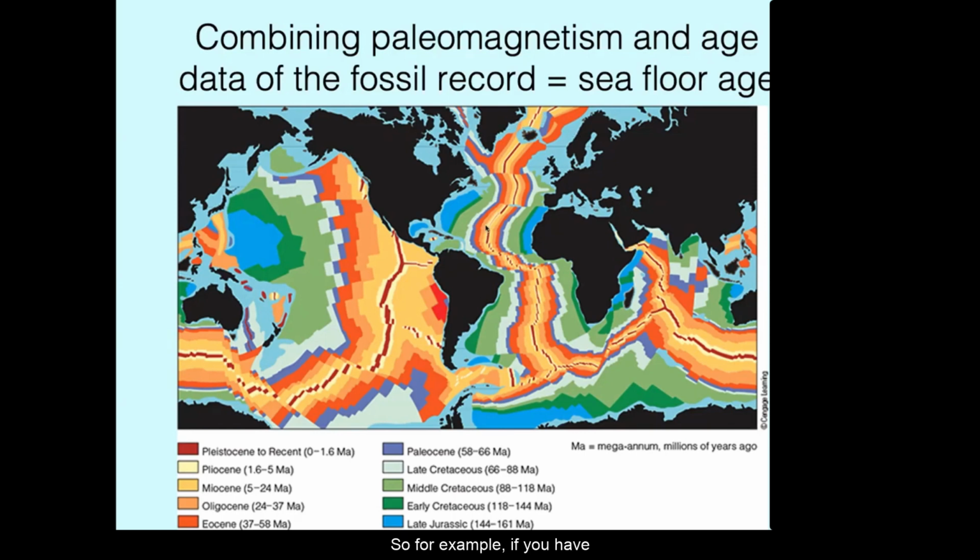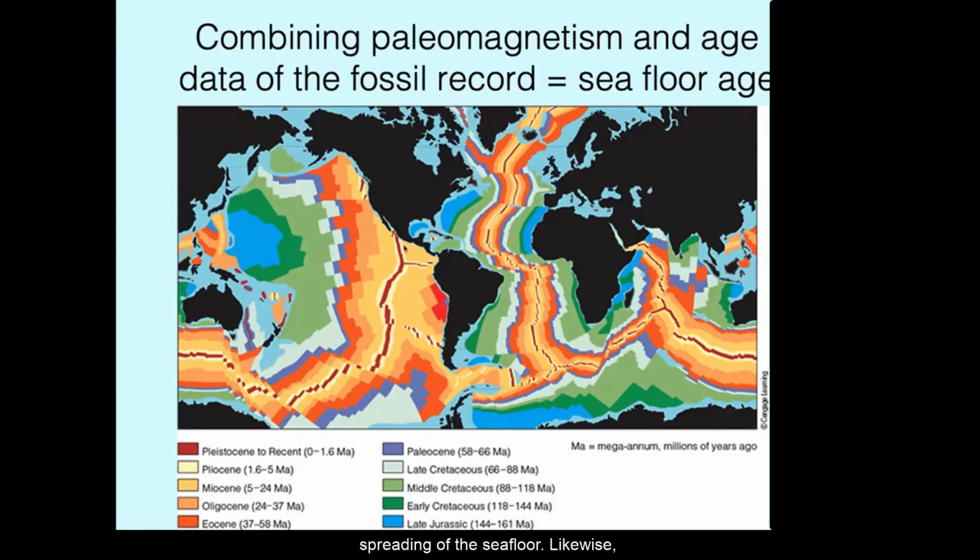So for example, if you have a sediment sample that was collected over here in the North Pacific, and you know that the symmetrical band of polarity runs all the way down to the South Atlantic, you know that that portion of the seafloor was created at the same time because of the spreading of the seafloor.